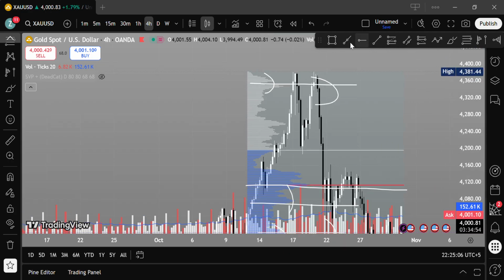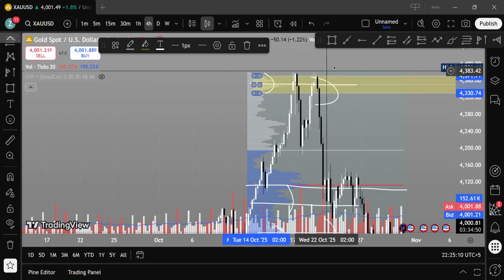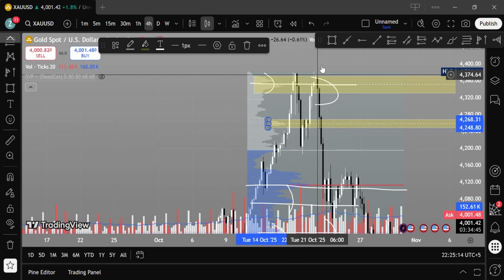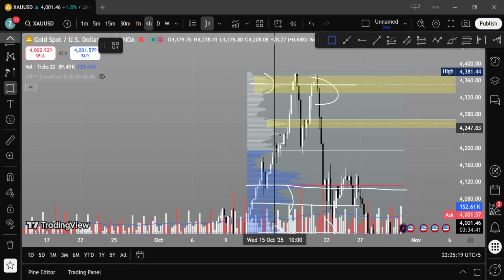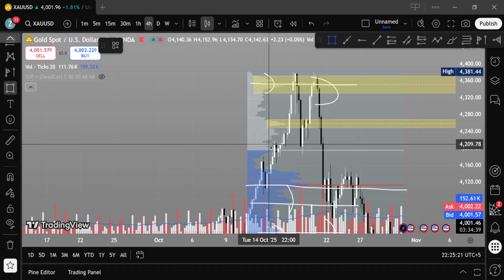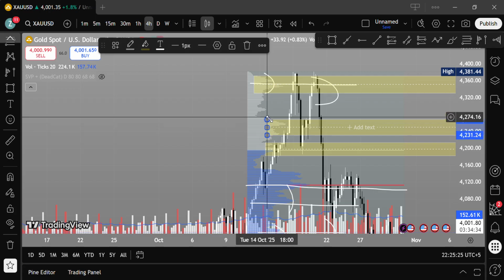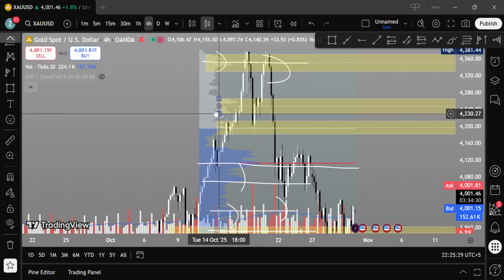Right now I'll be marking it in boxing forms like this and this. You can also mark this, but basically I don't mark these areas because those are basically the same areas. I just get the area a little smaller but at both of those peaks.